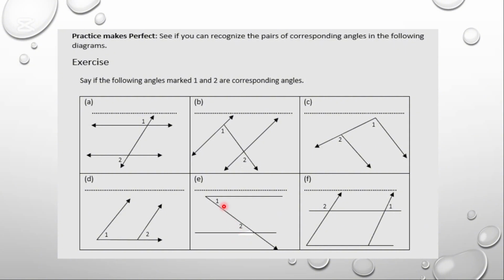No, because 1 is below the line, but 2 is above the line on the other side. So they are not corresponding. Last one. 1 and 2. 1 is on the right hand side of the line, but 2 is on the left hand side of the line. No, they are not corresponding.